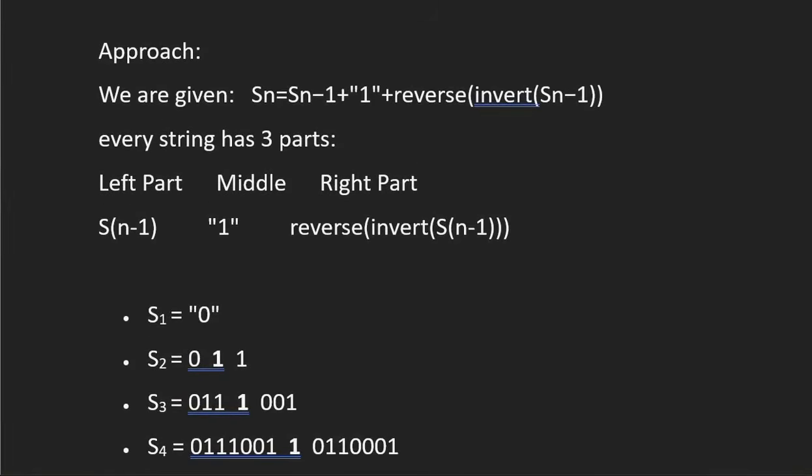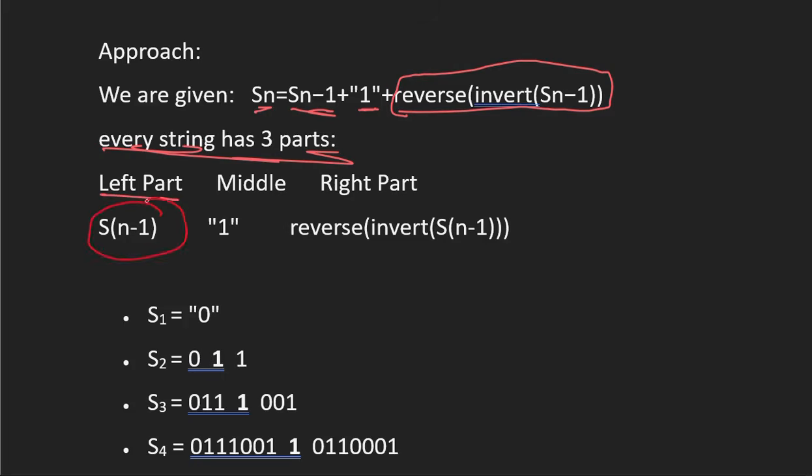What we are given is that Sn is made of S(n-1) plus concatenation 1 plus reverse and invert of S(n-1). So if you see, every string has three parts. The left part contains the previous string, the middle part contains the character 1, and the right part contains the reverse and invert of S(n-1), right?